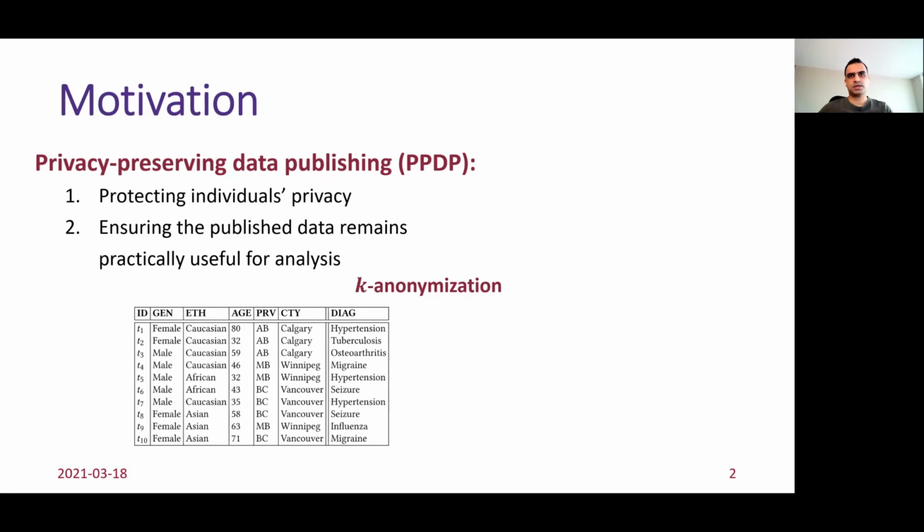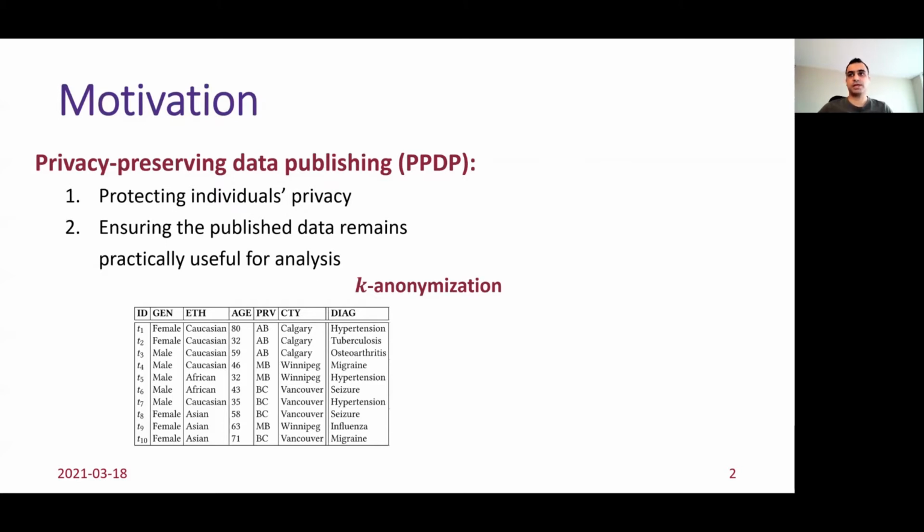A common privacy model in data publishing is data anonymization, and in particular k-anonymity. So starting from a relation like this, which is about patients in a hospital, k-anonymity is achieved by suppressing values, which is replacing those values with stars to prevent re-identification of individuals.